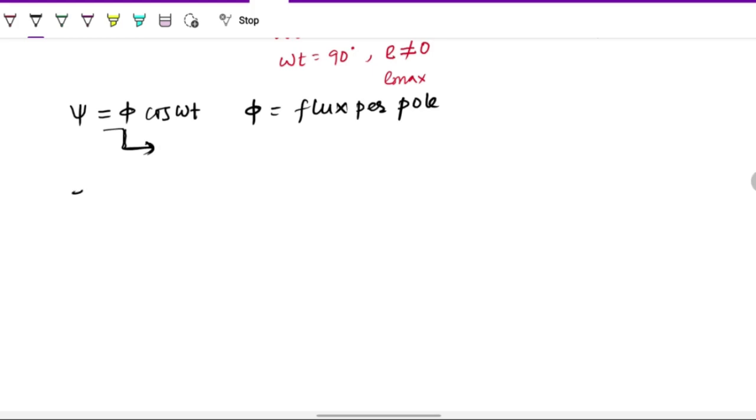So generated EMF will be equal to minus N d psi by dt, where N is the number of turns of the coil.